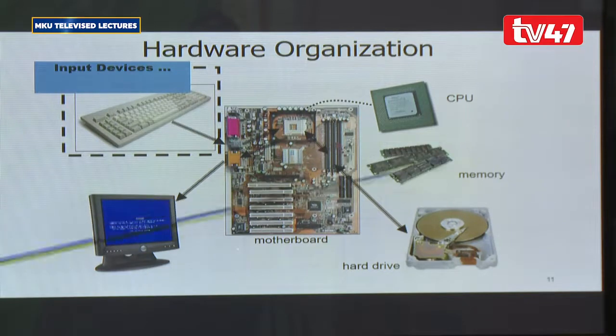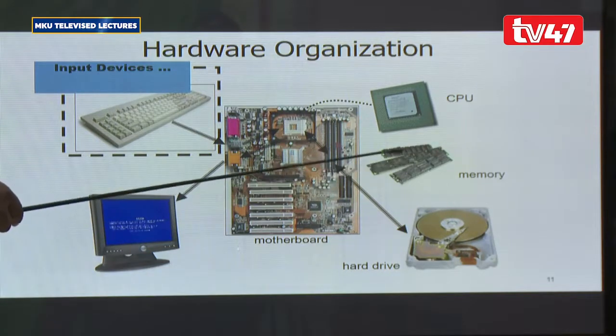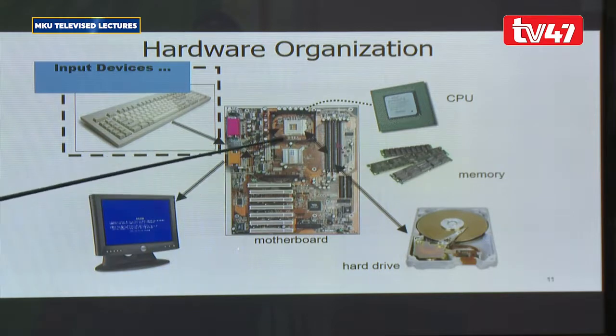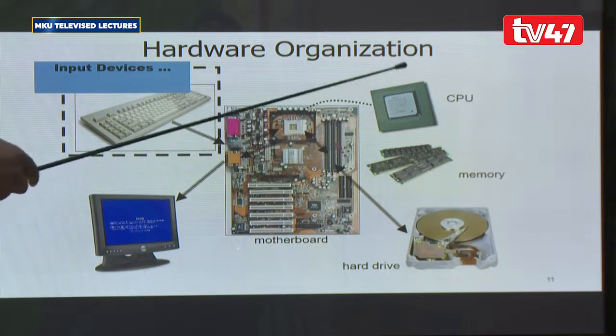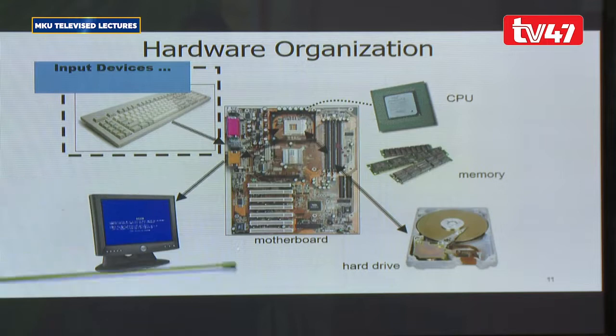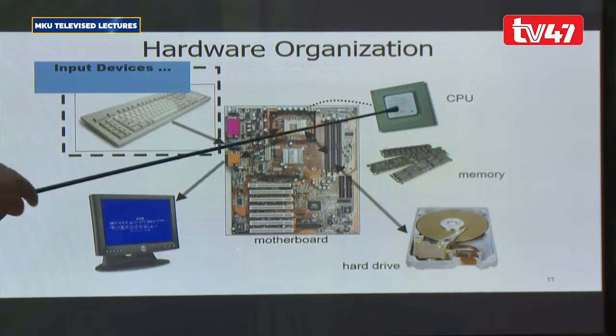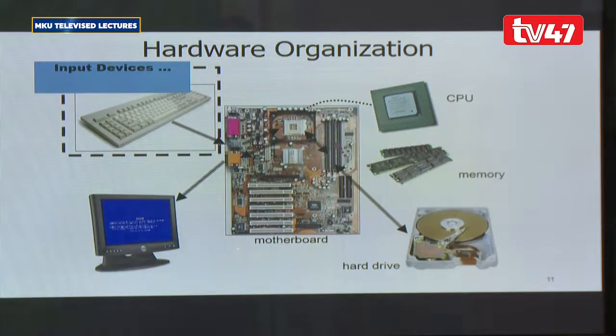So after this, the read-only memory processes the information, and this is a simulation of a CPU. The meaning of a CPU is just a central processing unit. This is how it looks. So that's the simulation of how the hardware organization is meant in a computer.